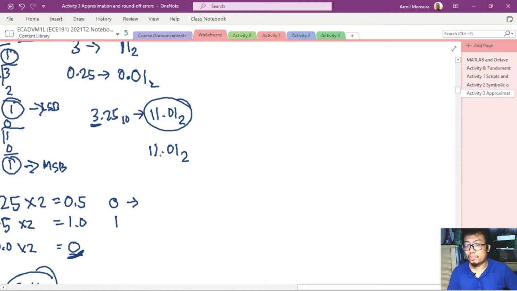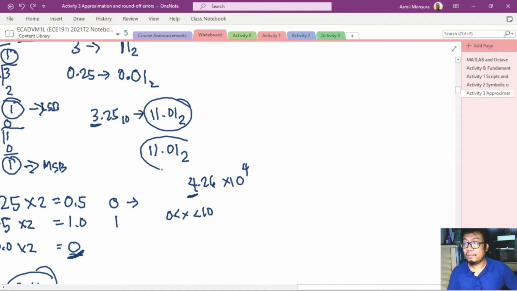The rule of scientific notation in decimal, say this is 4.26 times 10 raised to 4, is that this is only a single digit, a number between 0 and 10. A whole number, so either 0, 1, 2, 3, 4 up to 9 only. It should be a single digit.